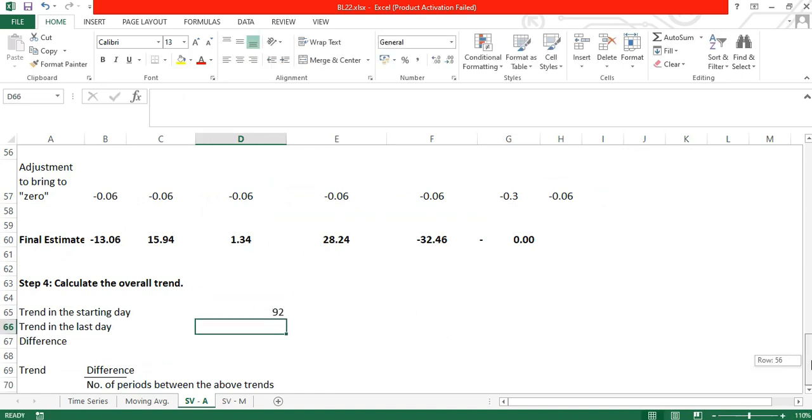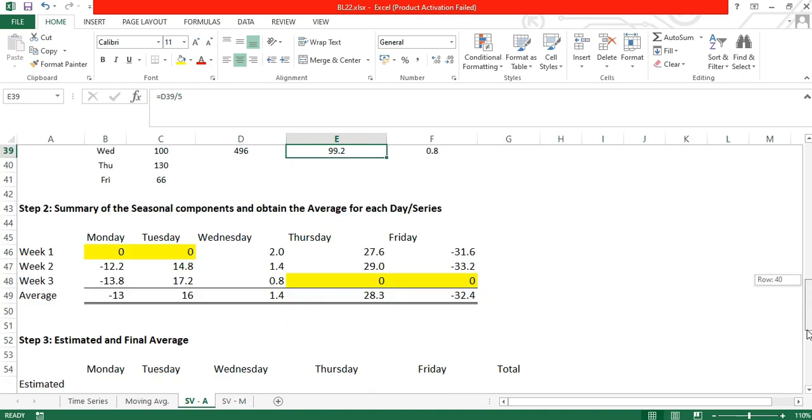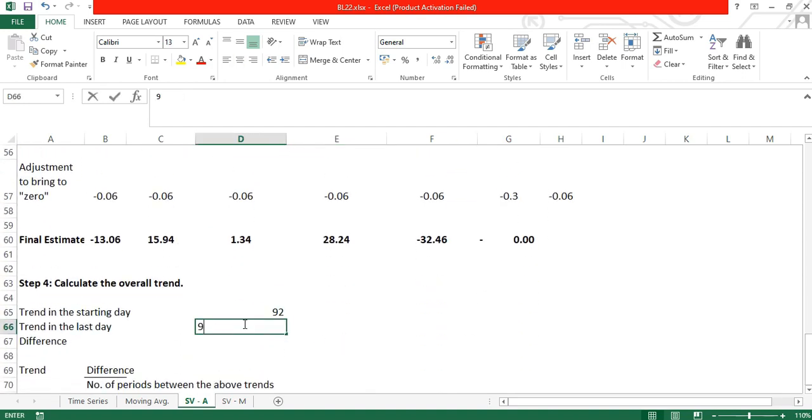Then the trend in the last day is 99.2. It finishes with 99.2. The difference therefore is 7.2. This minus and plus we can ignore. Actually, it has to be a positive figure, not has to, because now it doesn't matter, the sign.